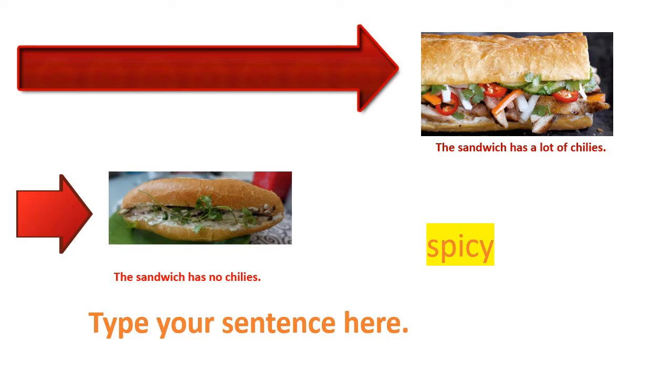We have spicy, and also notice spicy ends with Y. So go back and listen to the lesson on comparative adjectives if you don't remember the rule about adjectives that are two syllables and end with the letter Y. There's a special rule for that. I won't tell you. I'll let you go back and review that YouTube video. So you'll type your sentence here.